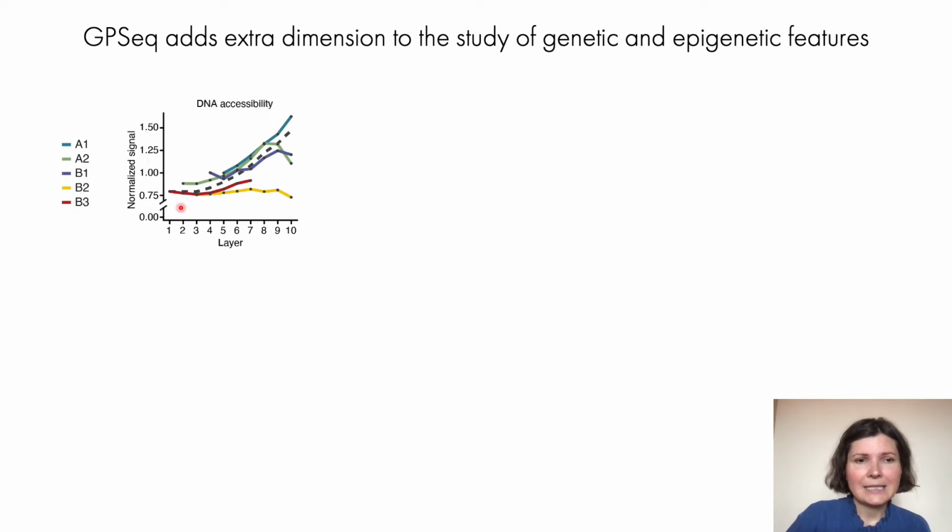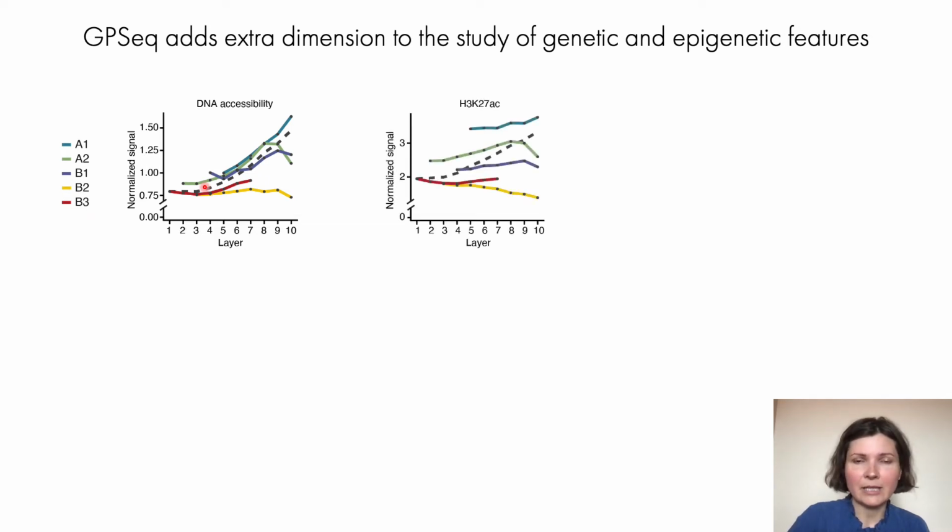What you can see from such analysis is that regions belonging to the B1 subcompartment, so Polycomb repressed, actually show higher DNA accessibility if they are placed in the very center than some of the A1s, so the most active chromatin, if that is placed more peripherally. So it really shows you that this radial dimension adds a lot to the picture.